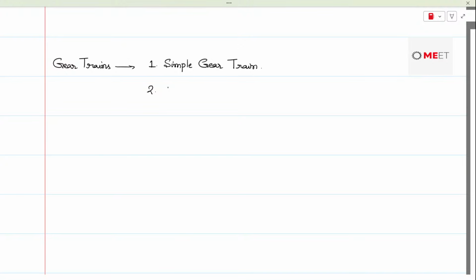Second is compound gear train. Third is reverted gear train. And fourth is epicyclic gear train.